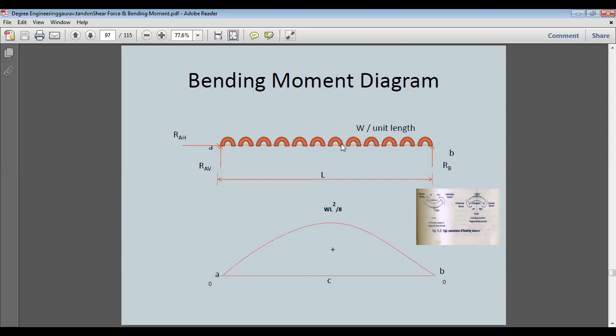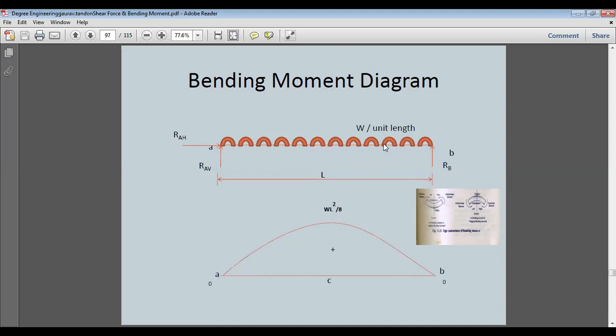Now, if we talk about the whole weight, WL acting downwards at this point, and WL by 2 acting at this point. Now we take WL by 2 and WL. So WL minus WL by 2 will be WL by 2.